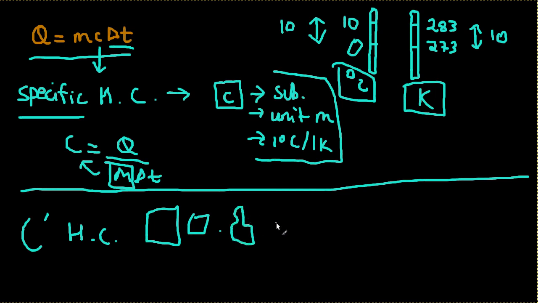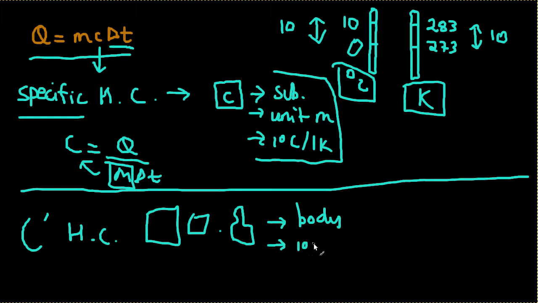But the point is, if you have different objects, they'll all have different heat capacities. That depends on their mass. So over here we're talking not about a substance, but in the definition we say body or an object. We again said 1 degree Celsius or 1 K. And that's all.